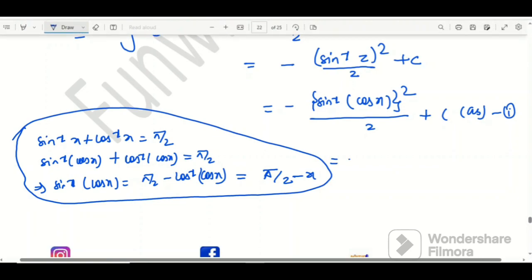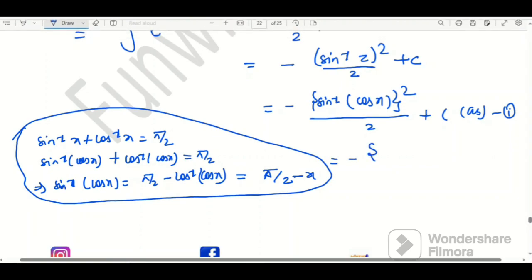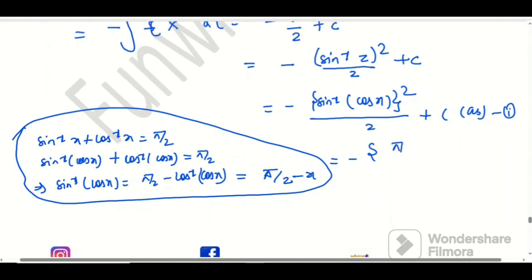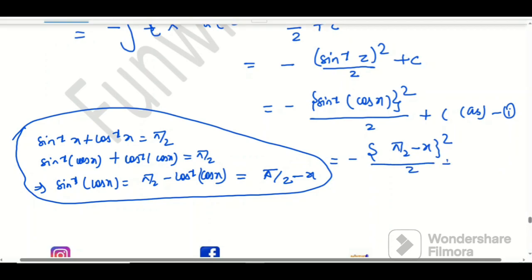We can replace sin inverse cos x by pi by 2 minus x, square by 2 plus c.